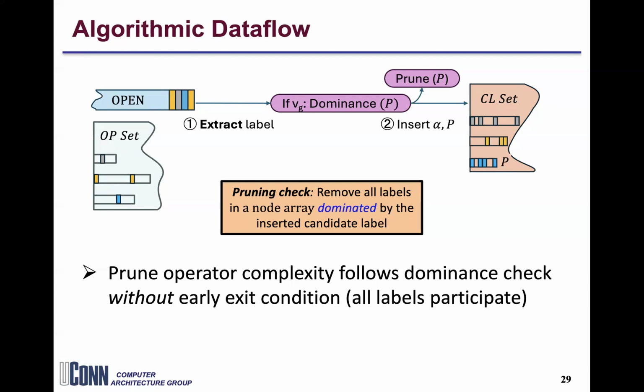So that pruning check basically removes these labels. This pruning operator under the hood is performing dominance checks, but it has to perform them in the reverse order against all of the labels in that set. There's no early exit in this particular scenario, because if you want to really prune that set, you have to check everything, right?